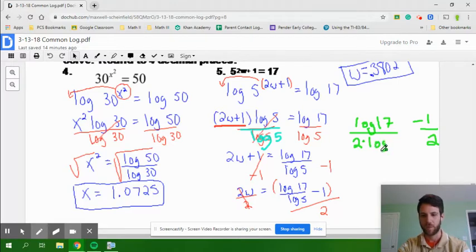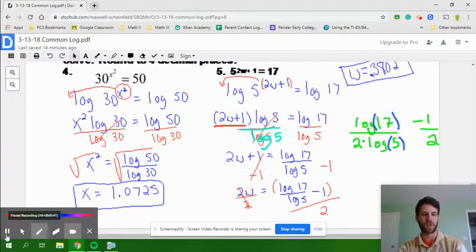It's like you multiply that original fraction by 1/2 in order to make it work the way you need it to for the problem. And those are all some great examples of solving exponential equations using logarithms, specifically base 10 or common logarithms.